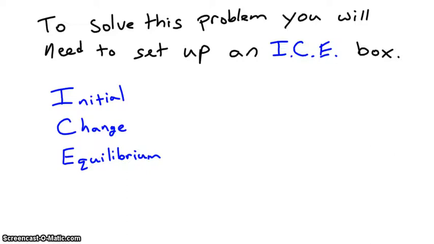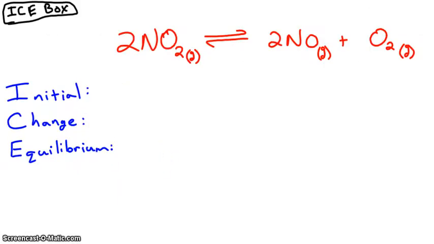To solve this problem, we're going to need to set up an ICE box. ICE stands for Initial Change Equilibrium. To set up an ICE box, you need the balanced chemical equation and you need the ICE on the left.